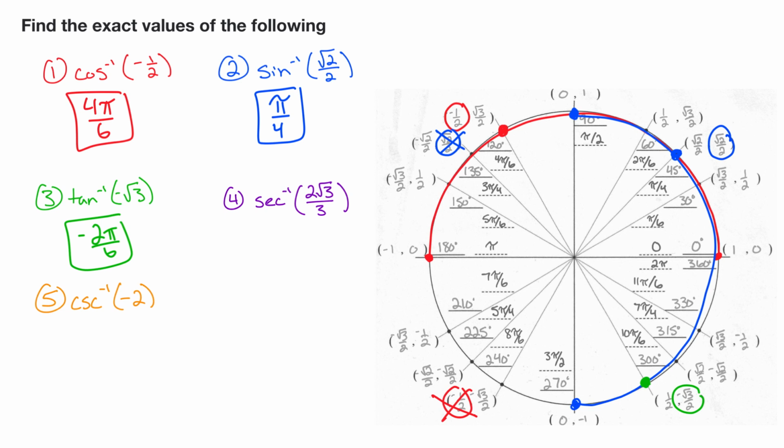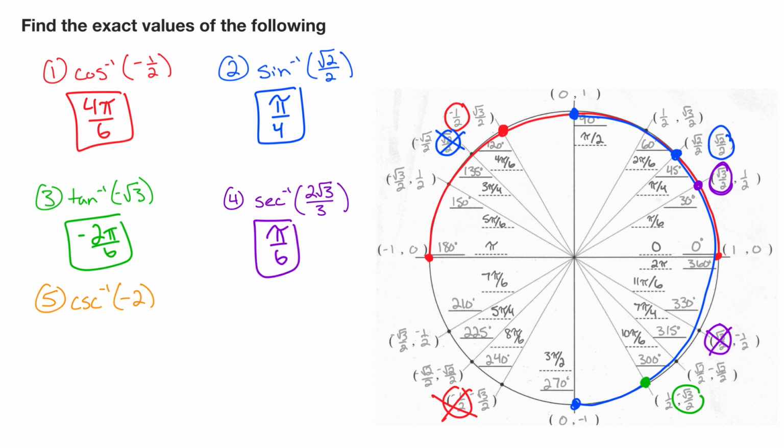That would only occur for cosine when cosine is root 3 over 2. So for problem number 4, I'm looking for when the cosine has a root 3 in it and it's positive. That'll occur here. And that would also occur here. But secant is only interested in values in the top region. So I ignore this. The answer will occur at this dot, which is at pi over 6 radians.